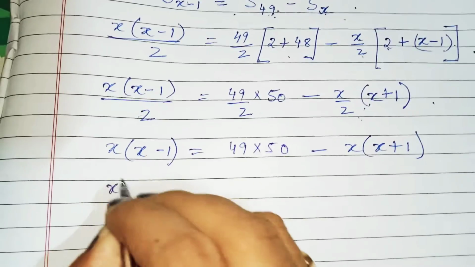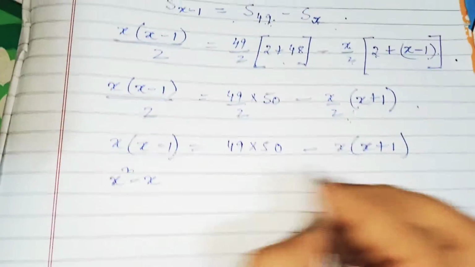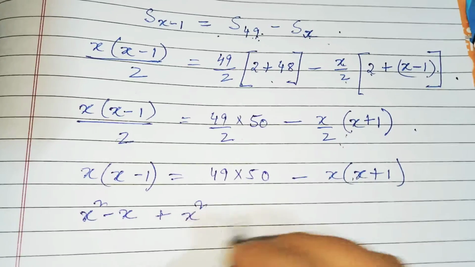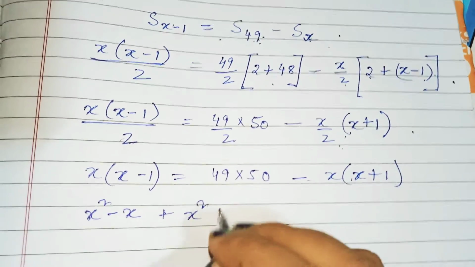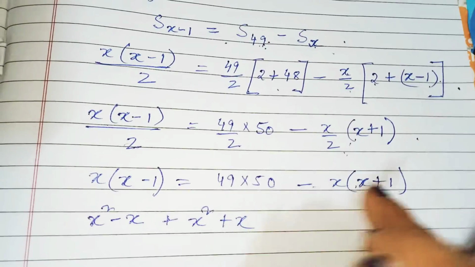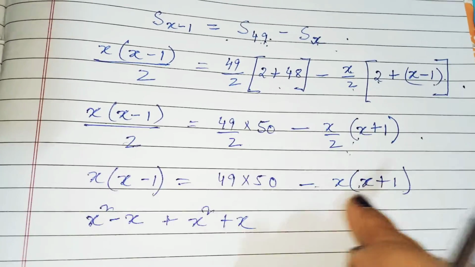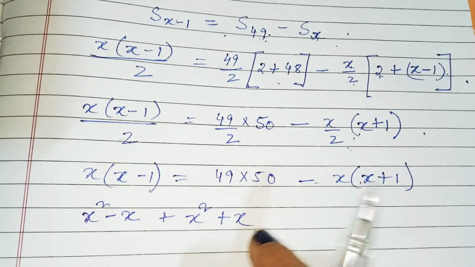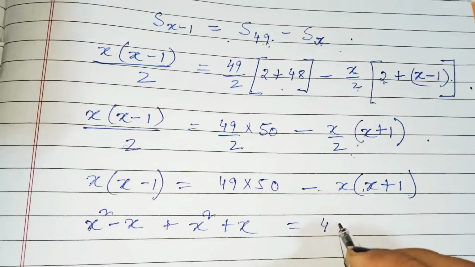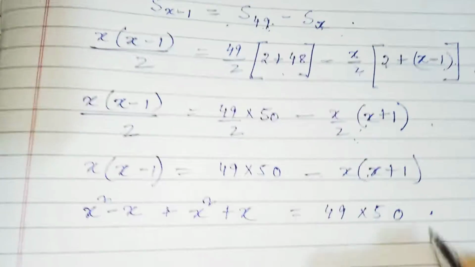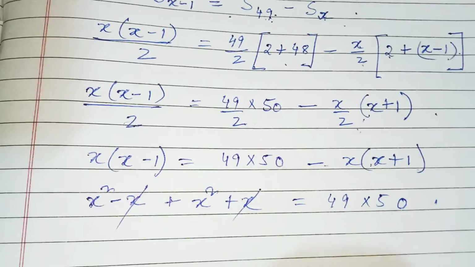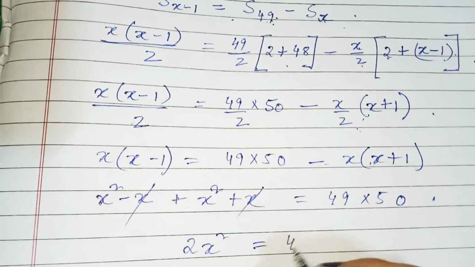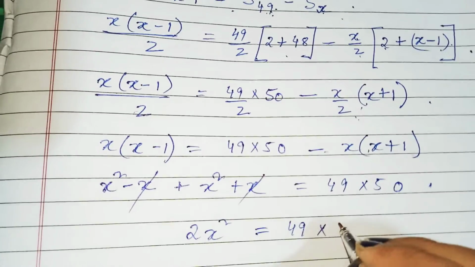So x square minus x on this side, and plus x square plus x on the other, equals 49 into 50. The x cancels out, so we get 2x square equals 49 into 50.